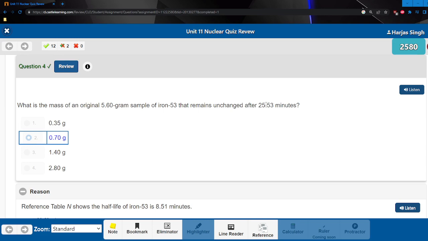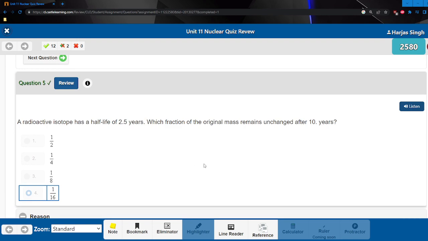I'm going to divide that by the 8.51. That should give me 3 half-lives. So I took the 5.6 and divided by 2, which is 2.8. Divide that again, 1.4. Divide that again, 0.7. That's where you get your answer.